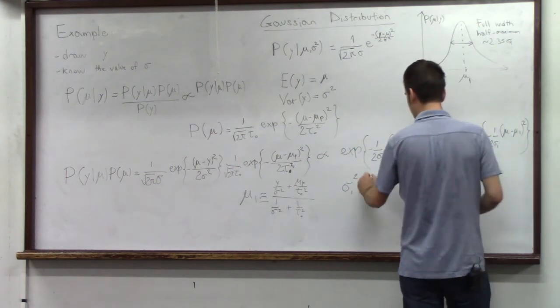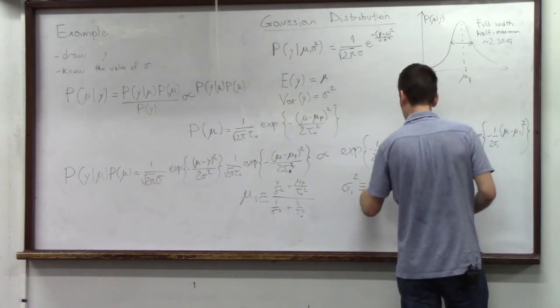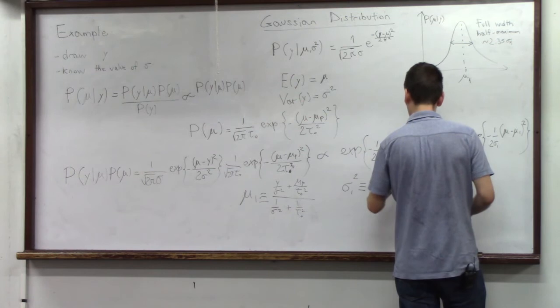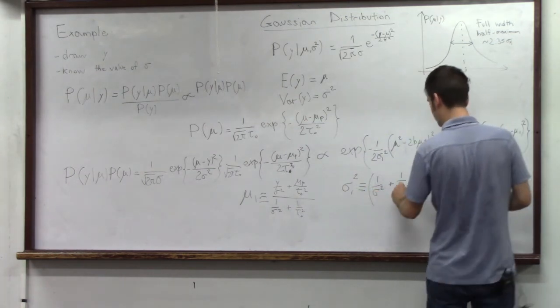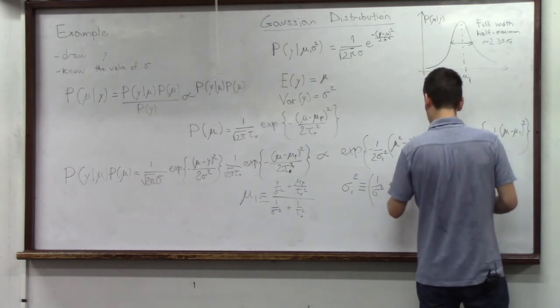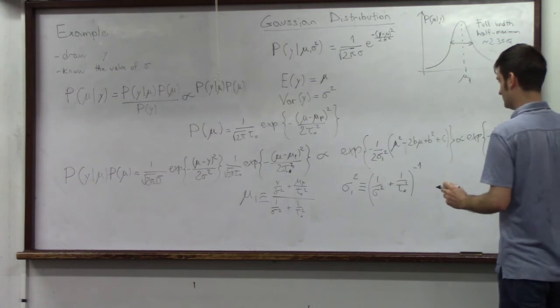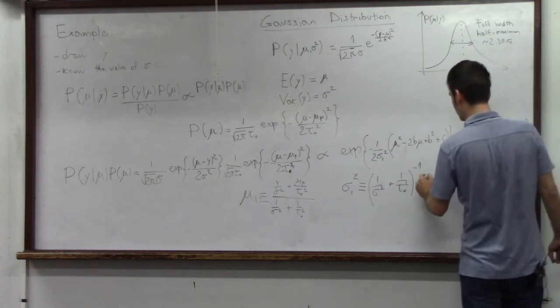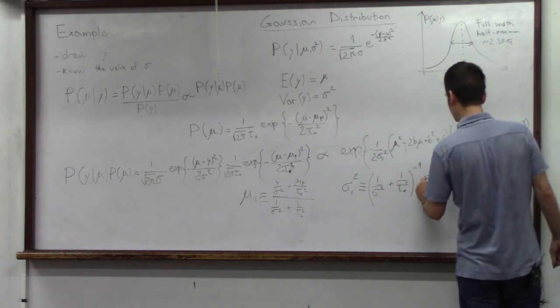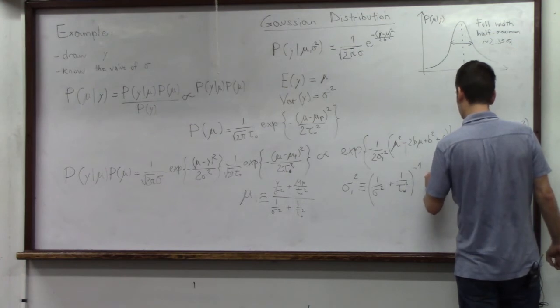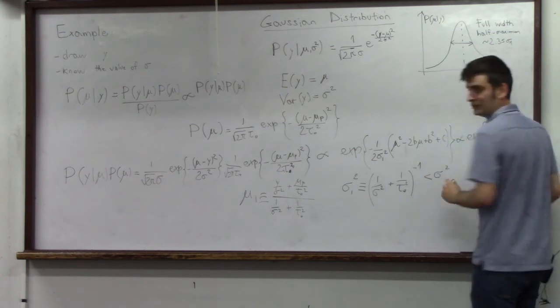So this is the new mean, and this is the new dispersion. Sorry, this is the variance actually. And it can be shown that this is actually smaller than the original value.